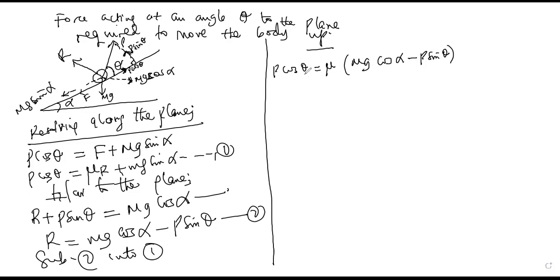So plus, there is something else, plus mg sin alpha, right? Sin alpha. Yes. So we can say P cos theta plus mu P sin theta, isn't it? Is equal to mu mg cos alpha plus mg sin alpha, isn't it?